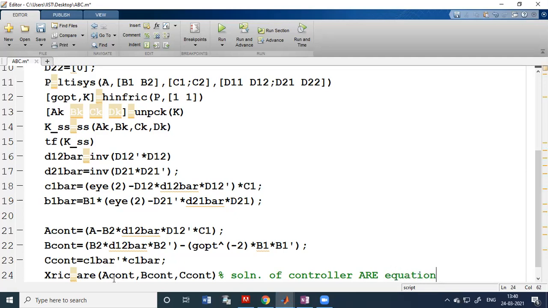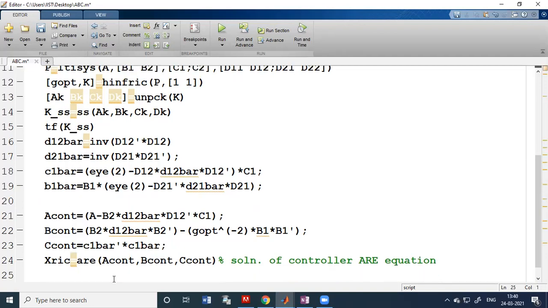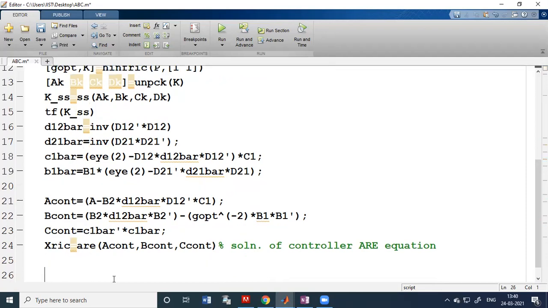Right now we have to solve for the estimator Riccati equation. So what are the terms involved? Let me write A estimator. What is A estimator?